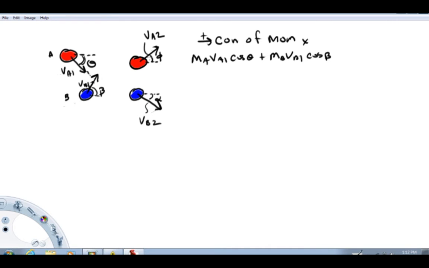Then I look to the right. This guy's momentum is going to be MAVA2. I want the x component, so I'm going to multiply that by cosine phi. I'm running out of room, so I'll come down here, plus this guy's momentum, which is MBVB2, multiplied by cosine of the angle alpha.